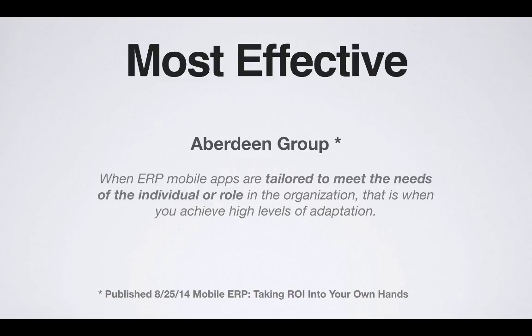So, in terms of effectiveness, there's no doubt that there's a relative slow adaptation of mobile to enterprise class businesses, and a lot of people attribute that to a certain level of complexity. But another part of the problem is rigidity that we've seen in the application. A study the Aberdeen Group published in August of last year called Mobile ERP, Taking ROI into Your Own Hands, made a strong statement that when mobile ERP apps are tailored to meet the needs of the individual or the role in the organization, that's when you achieve high levels of adaptation.